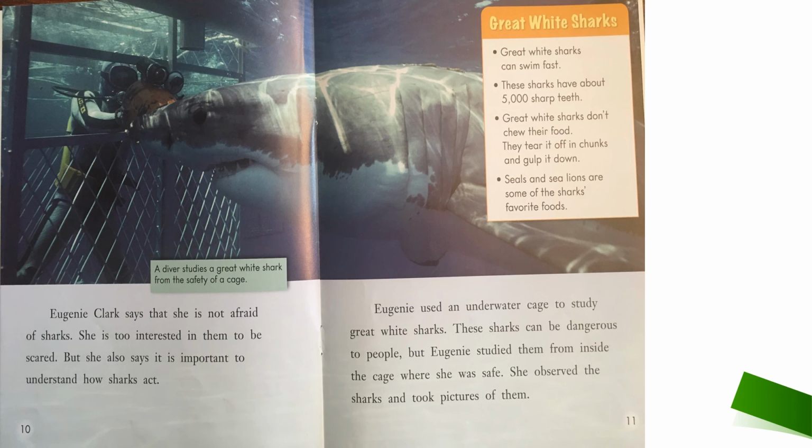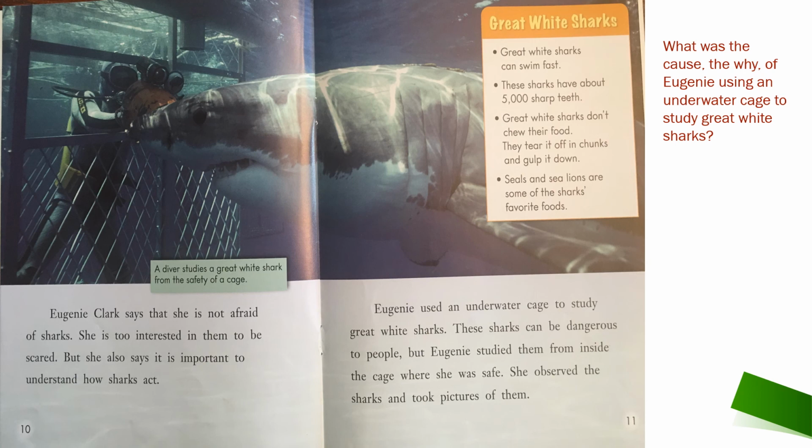All right, now we flipped it around from the last page. We want to know the cause. What was the cause or the why of Eugenie using an underwater cage to study great white sharks? Why did she do that? Can you find it in the text?